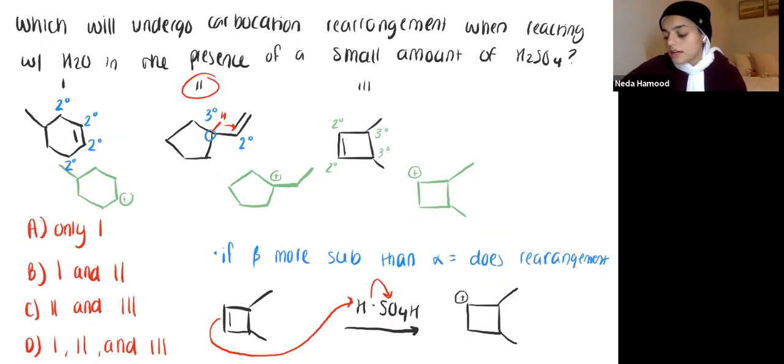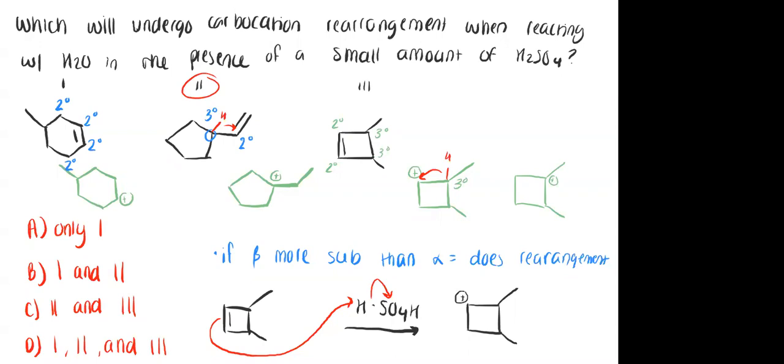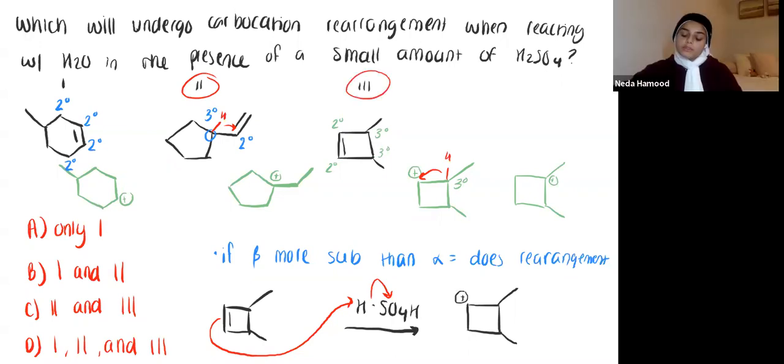Something that can happen is that this hydrogen can be donated over, I'm going to put it in red, over there, and then we would end up having a carbocation that looks like this, which is better, a tertiary carbocation rather than a secondary carbocation. So is that one going to do rearrangement? Yes, awesome.